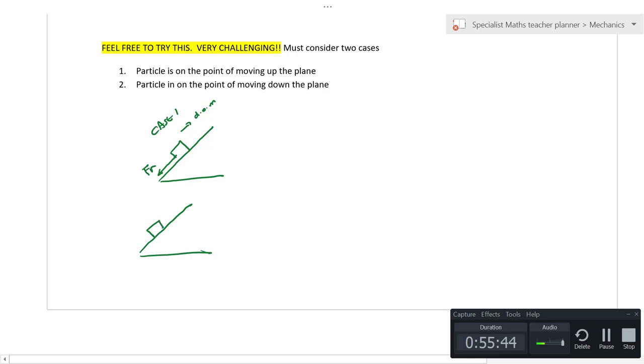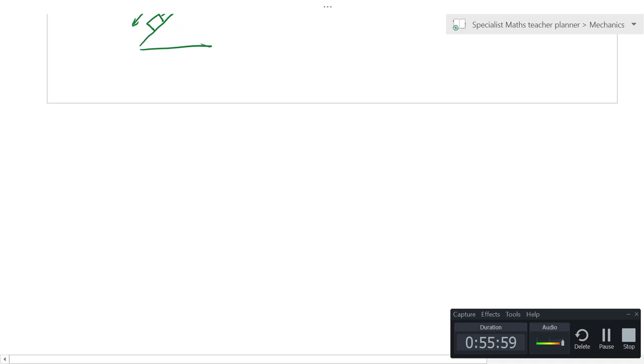It's a shame because these questions are really good for the kids. Now, case two, the direction of motion is on the point of moving down the plane, which means that friction opposes motion. Okay, and that was the only thing. You could easily do those questions.